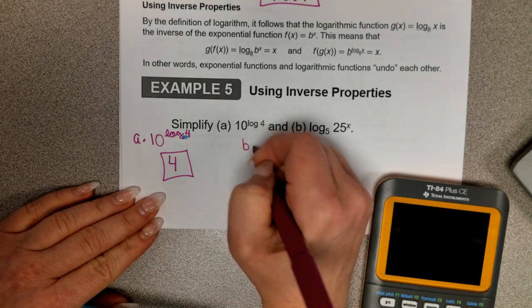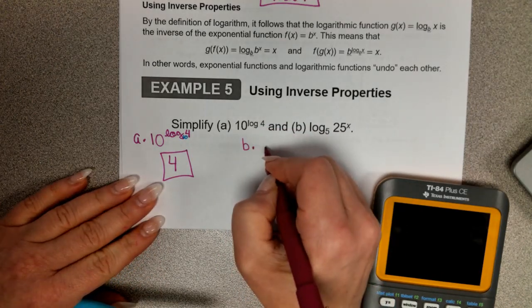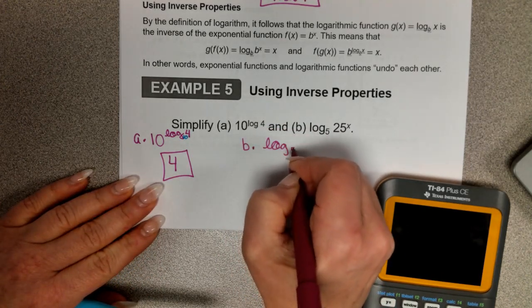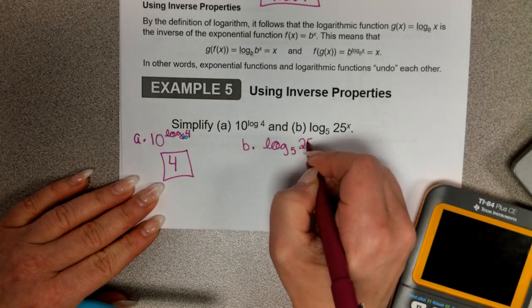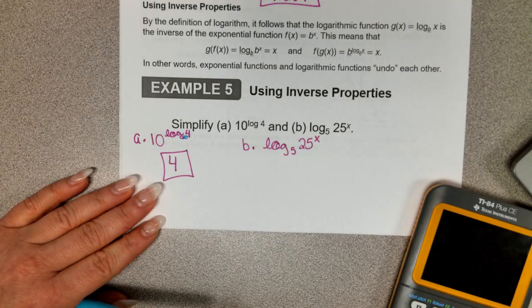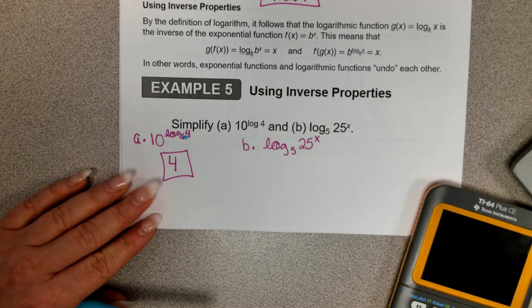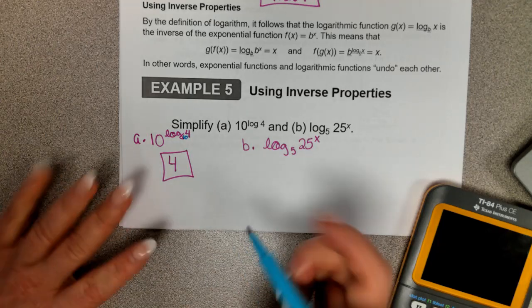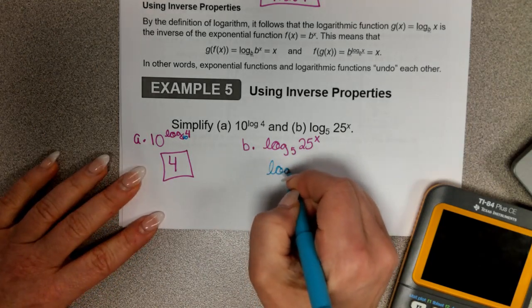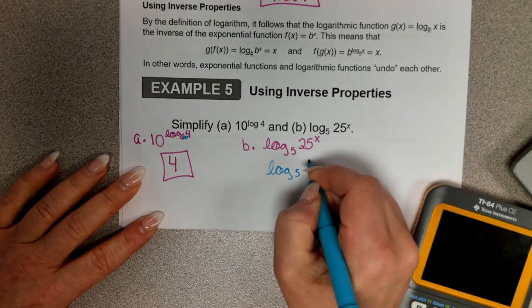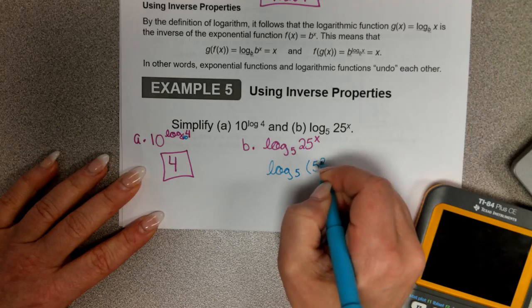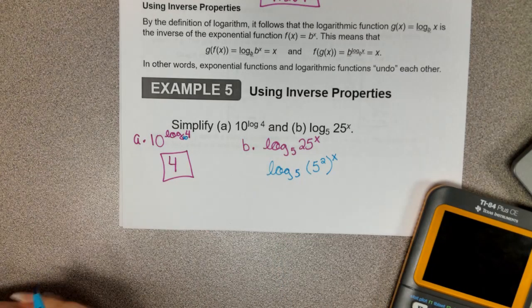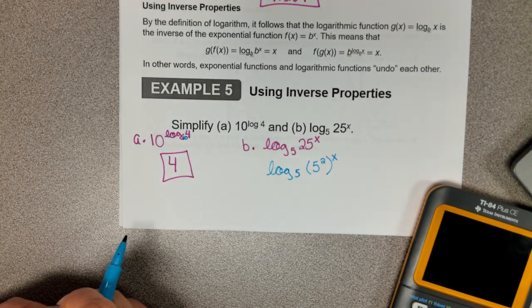Okay. And then here I have log base 5 of 25 to the power of x. So what I want to do is sort of rethink this, because 25 could be written as a power of 5. So I'm going to rethink this as log base 5 of 5 squared to the power of x, because 5 squared is 25.